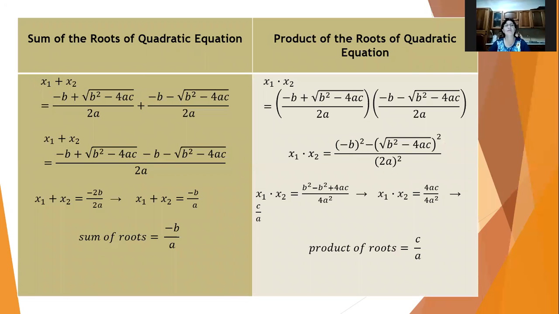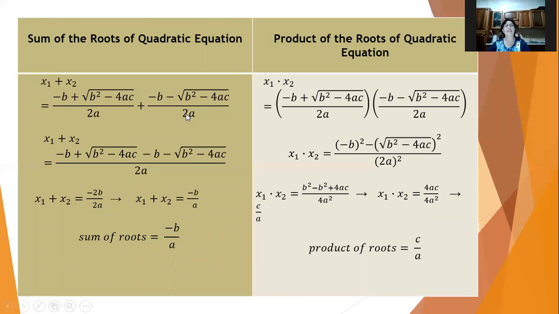For the sum of the roots of quadratic equations, since if we say sum, the operation is addition, it is x sub 1 plus x sub 2. Substitute the quadratic formula where x sub 1 is equal to negative b plus square root of b squared minus 4ac over 2a plus x sub 2 is equal to negative b minus square root of b squared minus 4ac over 2a.